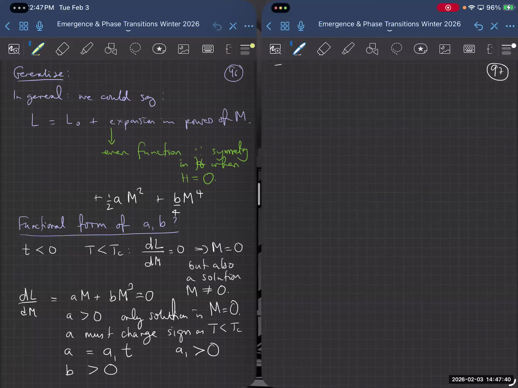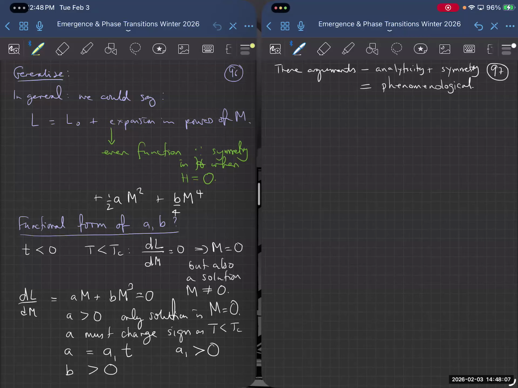Okay, so these arguments, which use analyticity and symmetry, we call phenomenological.